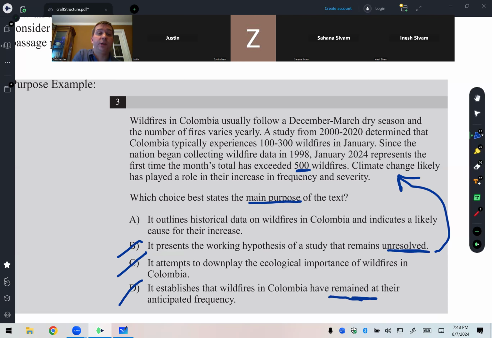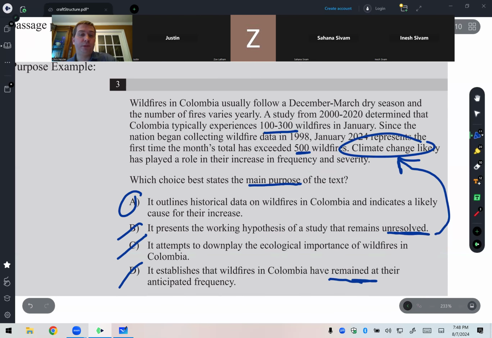They have increased, which is why the main purpose of this text must be A. The purpose is that it outlines historical data on wildfires. So we have the historical data right here. And then we have a likely cause for their increase, climate change. So that one was A. We'll ask you about purpose.